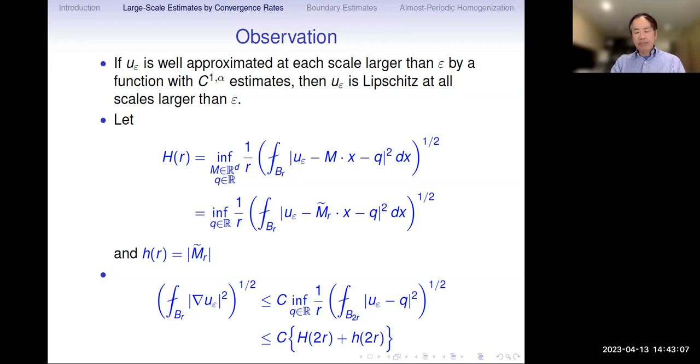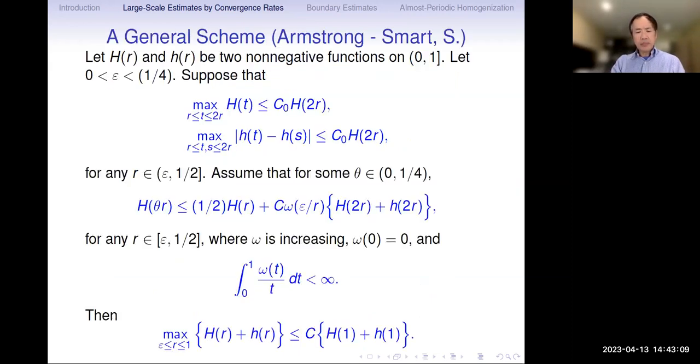And actually, I can summarize the argument we're going to use in a more general scheme. This was already contributed by Armstrong and Smart, and in one of my papers, I extend this to a more general form. So they have a different proof, but this is in a different form.